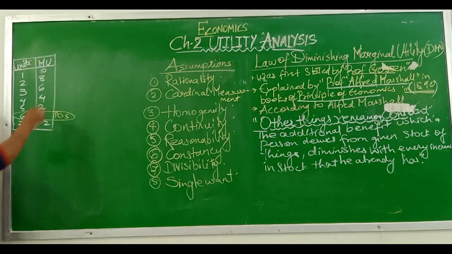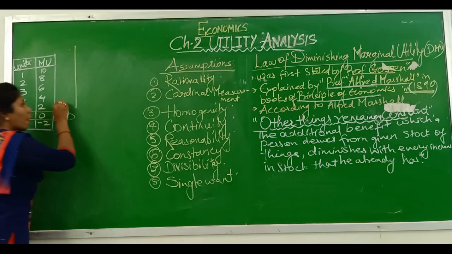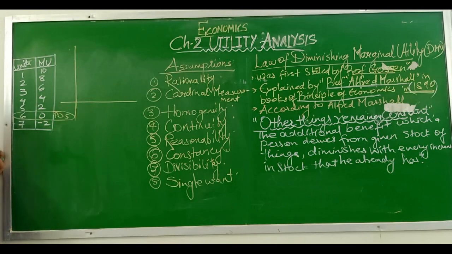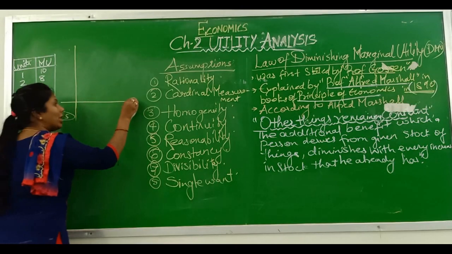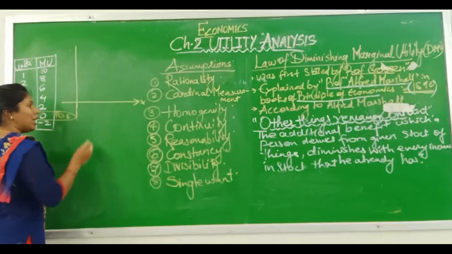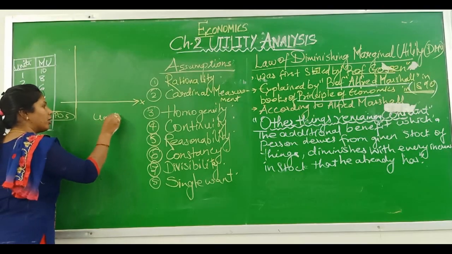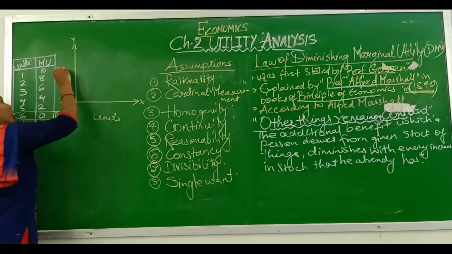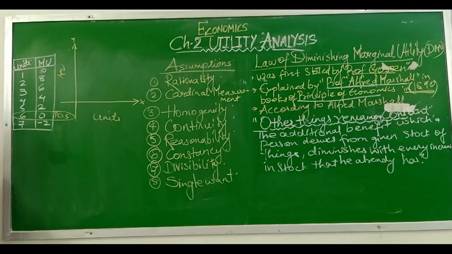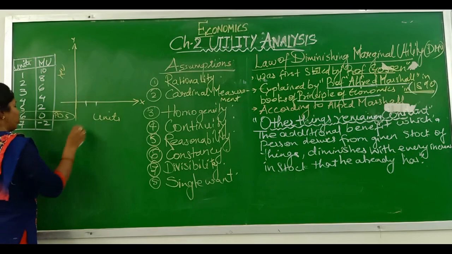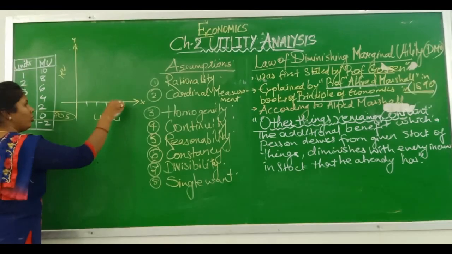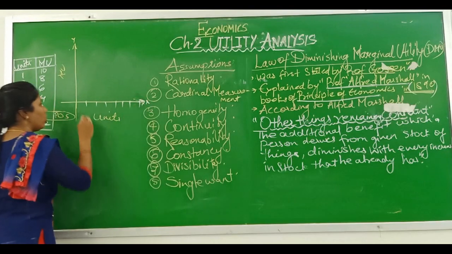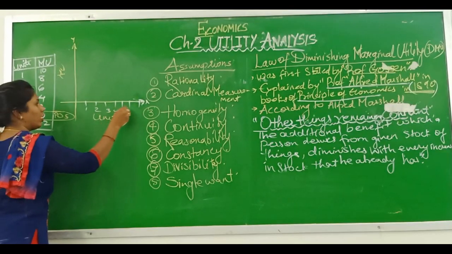If we plot this on a graph, on the x-axis we will write units of commodity consumed. On the y-axis we will plot marginal utility. 7 units are consumed: 1, 2, 3, 4, 5, 6, 7.